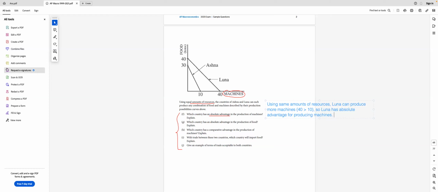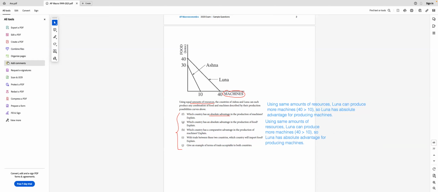And the next question, question number G, is very similar. This time using the same amount of resources, food is on the vertical axis.